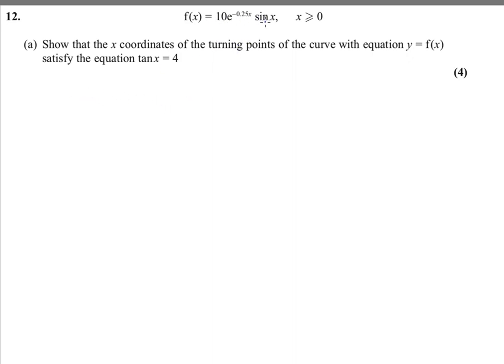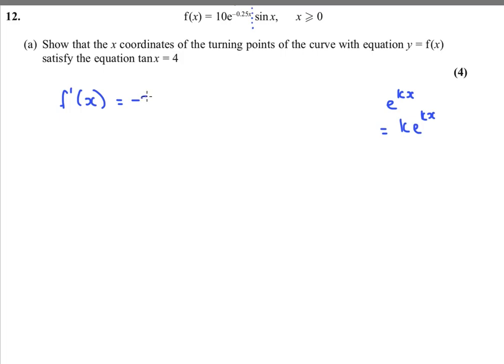We've got a product here, so we're going to be using the product rule, which is to differentiate the first term. And if you remember, if you differentiate e to the kx, that turns into k e to the kx. So the minus 0.25 is going to come to the front and times by the 10.